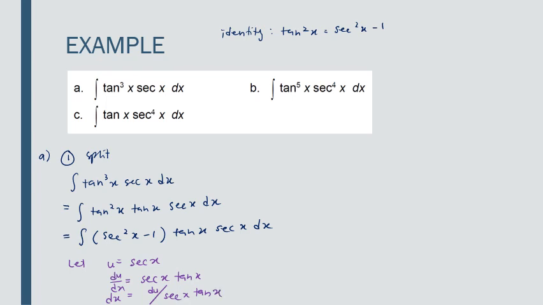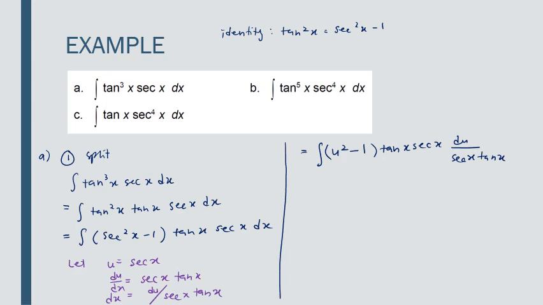Substitute into our equation: the integral, secant is u, so u squared minus 1, then tangent x secant x dx, where dx is equal to du over secant x tangent x.